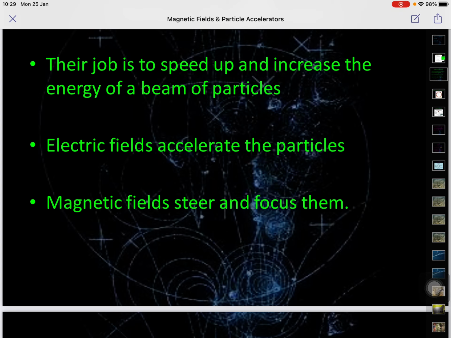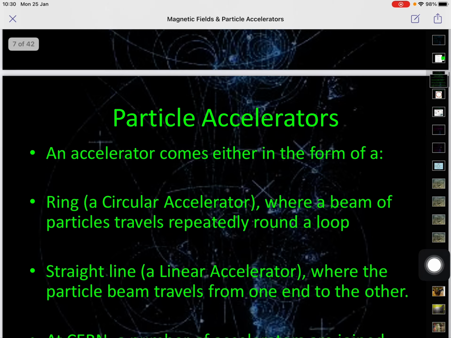The electric fields are there to accelerate the particles, and the magnetic fields are there to steer and focus them. Now, this is one of the big outcomes for this topic, and it's a classic exam question: describe what the purpose of the electric fields and the magnetic fields are. So electric fields accelerate, magnetic fields steer and focus.